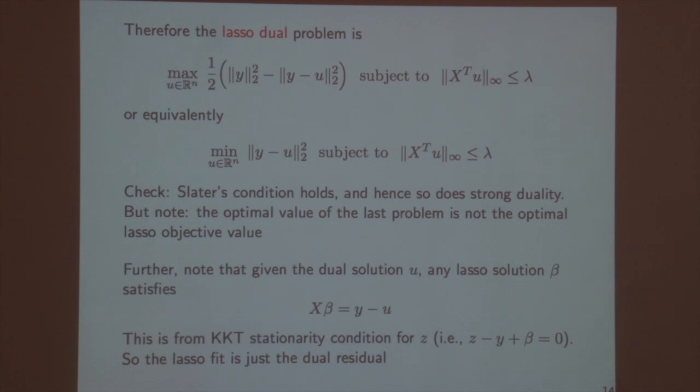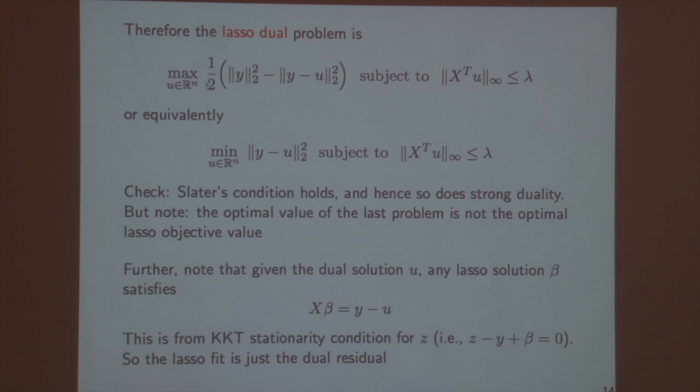But let's be careful. That means that if I were to maximize this over all u, then g star, that value, would be equal to f star, which is the optimal value of the lasso criterion. That's not saying that if I were to look at the minimum over all u of this problem, then that criterion value would be equal to f star, right?